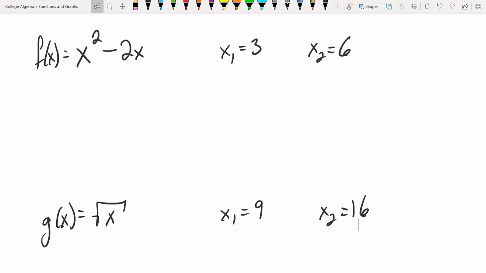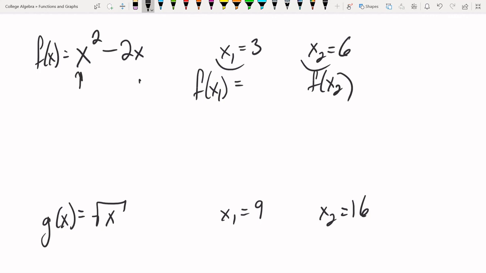So in this case, for f of x, we're trying to figure out what the average is between x1 and x2. Well, to find the slope, we need to know what y is for these. The y value is the same thing as plugging x1 and x2 into f. So at f of x1, we just plug 3 into this one. 3 squared is 9.